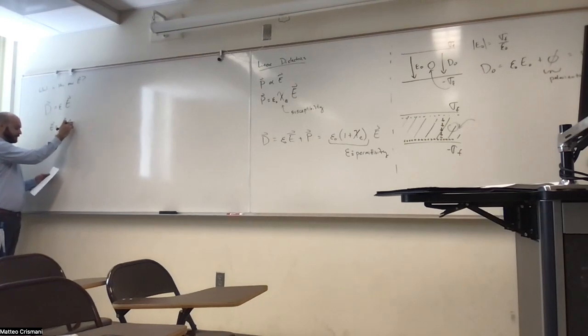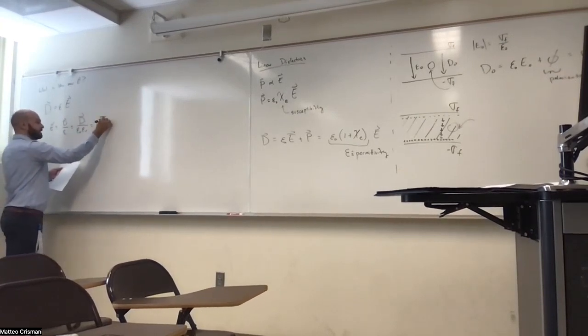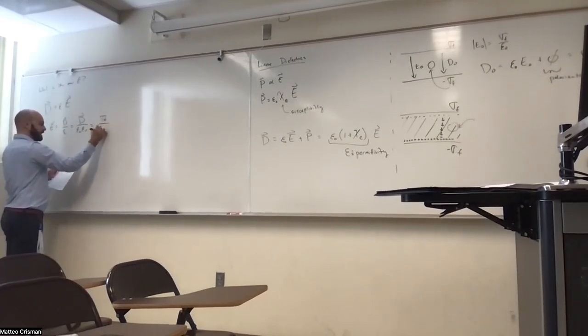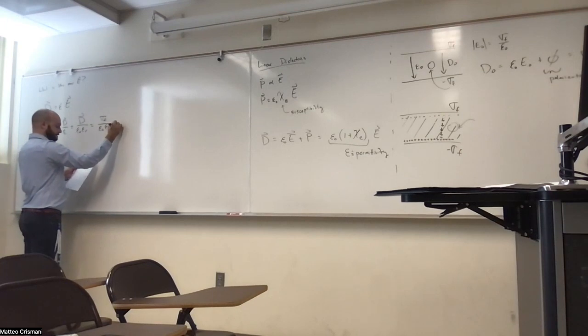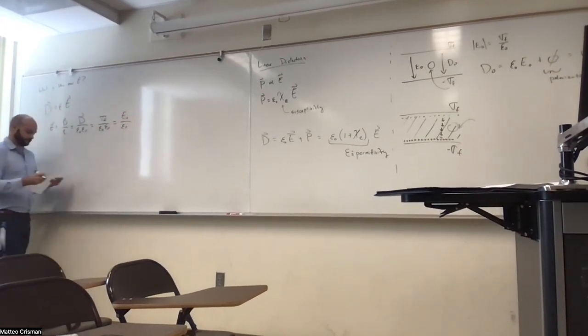And what was D before? I could write it like this, actually. I'm gonna do two steps here just to write it out to you pedantically. Okay, I know that's annoying, but don't worry about it. So it's sigma free charge over epsilon naught.